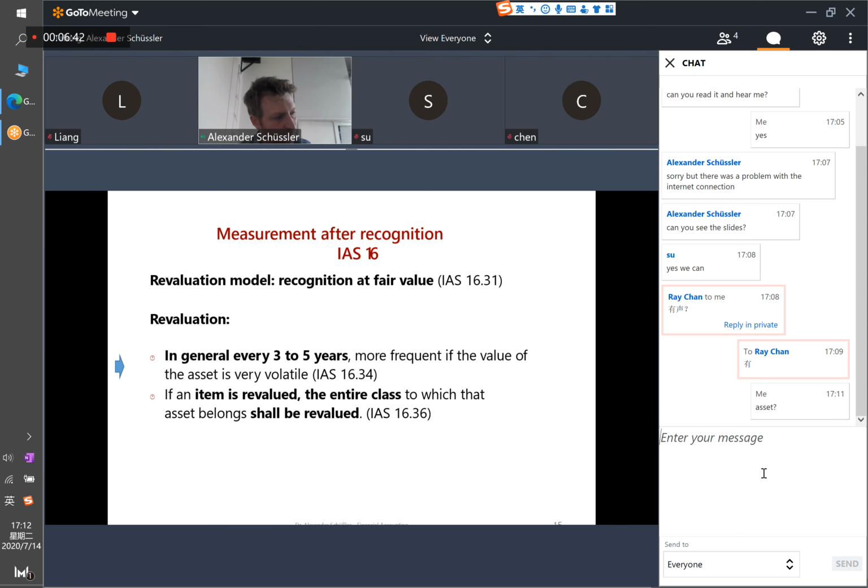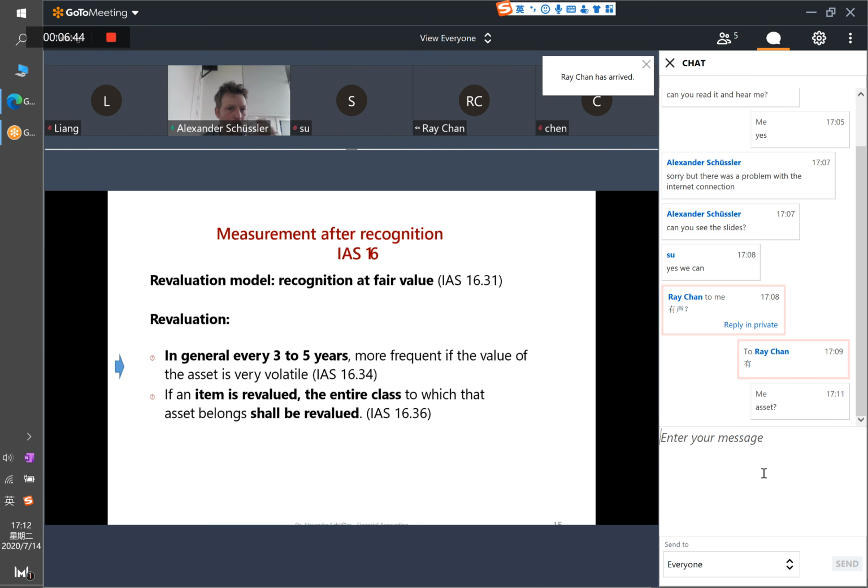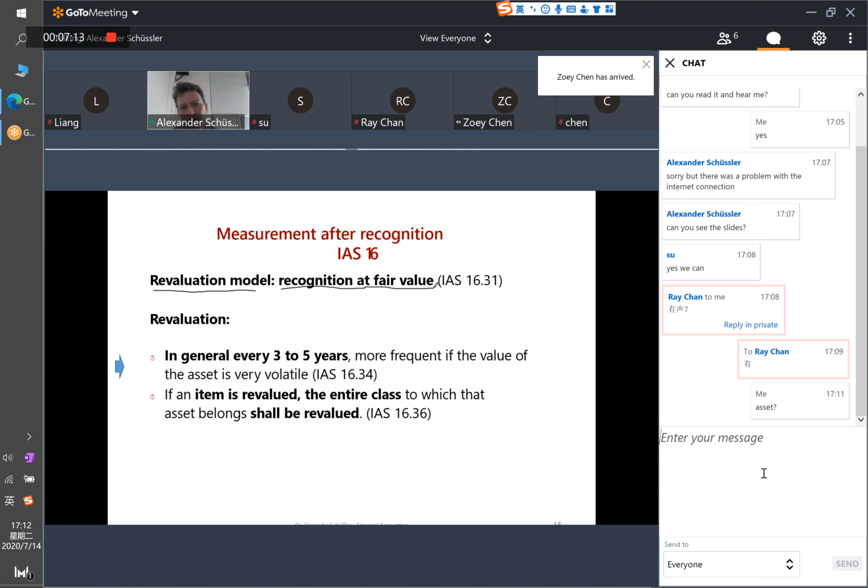So let's talk about the revaluation model. So far we talked about the cost model, but this is the revaluation model. The revaluation model is different, as it recognizes the asset at fair value.